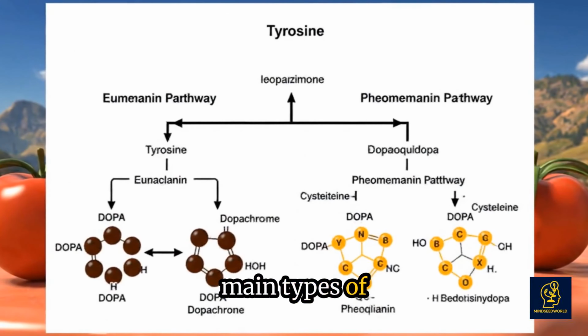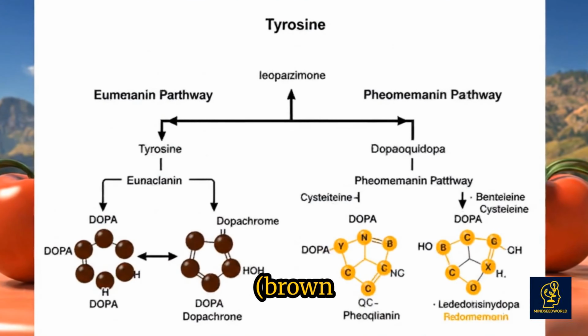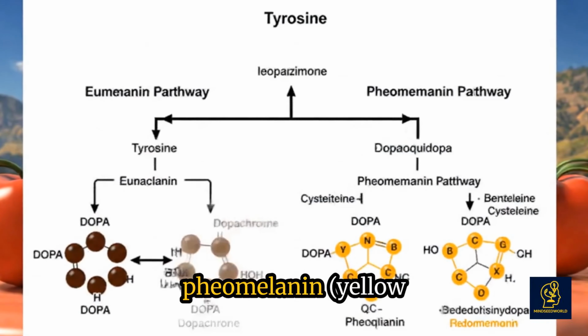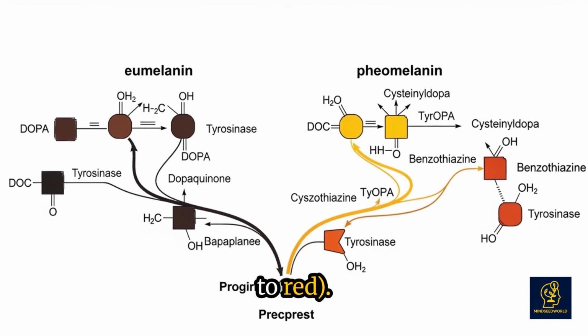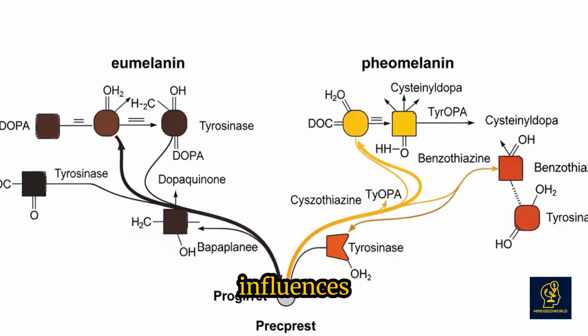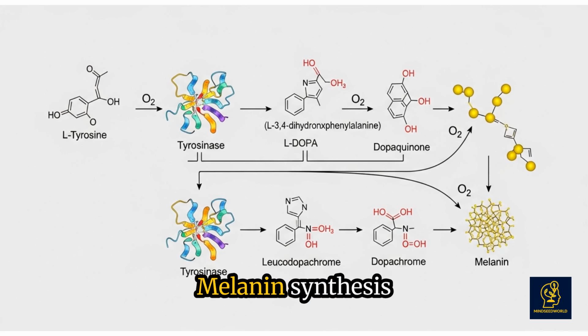There are two main types of melanin: eumelanin, brown to black, and pheomelanin, yellow to red. The balance between them influences skin tone. Melanin synthesis, melanogenesis, is a multi-step biochemical process.